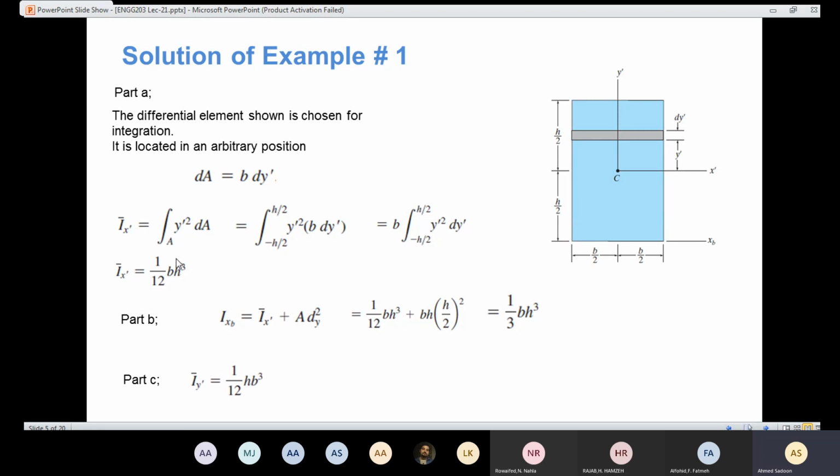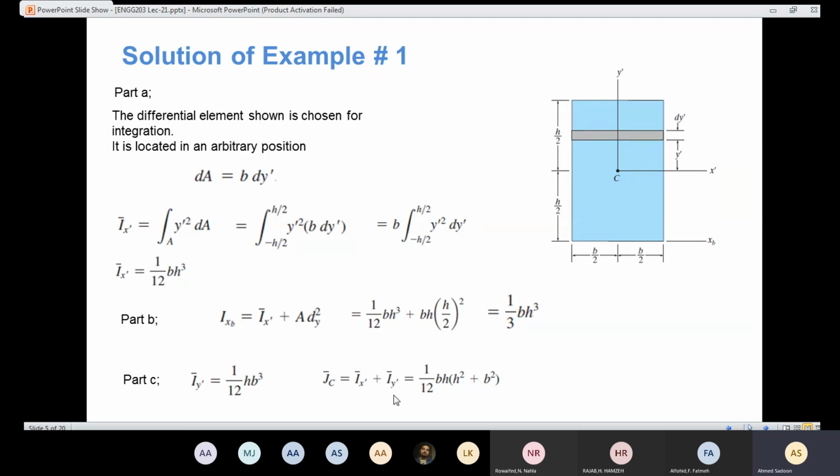The only difference is the cubed part. Here, h is going to be cubed, and here b is going to be cubed. And the polar moment is going to be, here we need to determine the polar moment about the centroid. So it's going to be the moment of inertia about x plus the moment of inertia about y. And here is the answer.